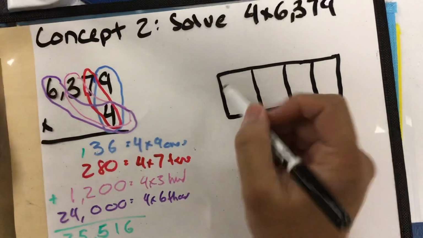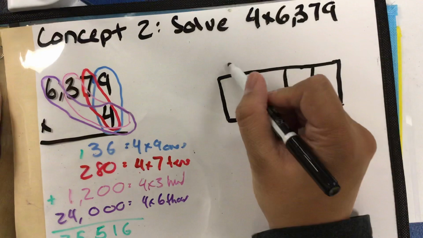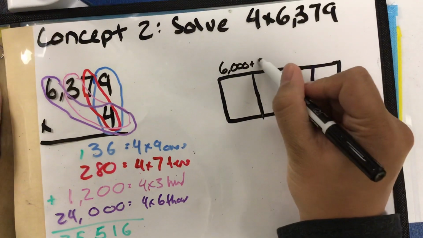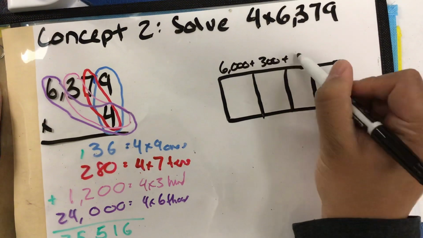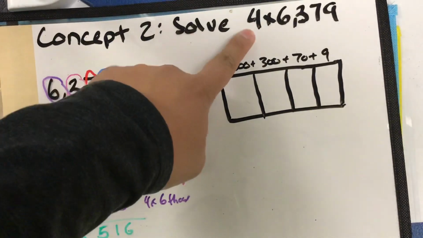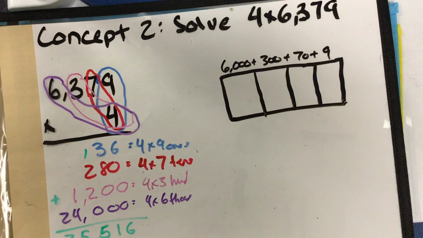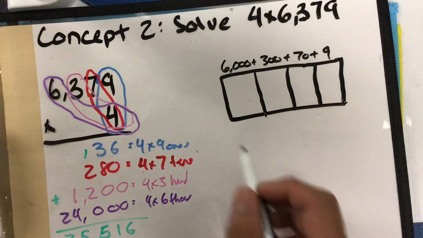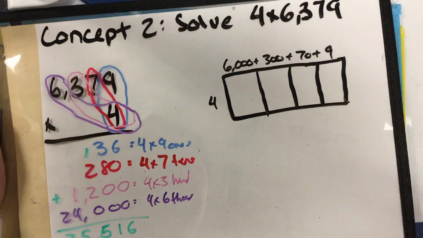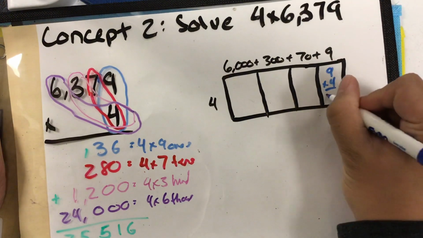Let's try it out with our area model. Okay? So here we see that it's going to be 6 thousand plus 300 plus 70 plus 9. If you don't remember how to find the expanded form for a number, let me know and I'll do a video to show you how to do that again. Okay? And then down here we're going to have 4. So we're going to start here. 9 times 4 equals 36.